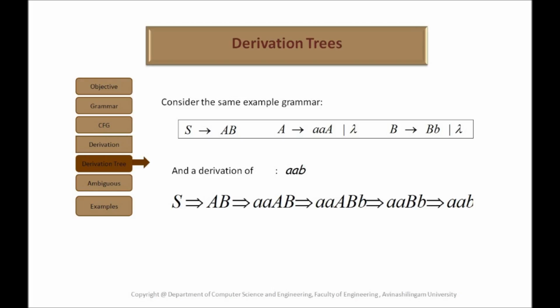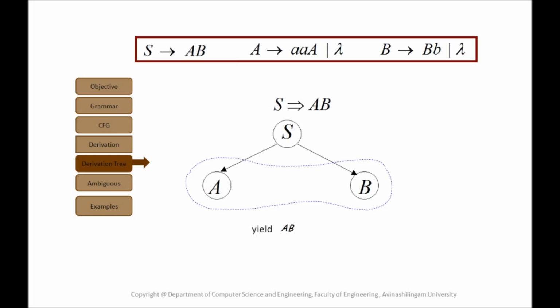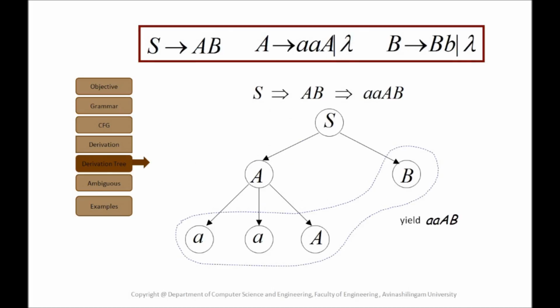For this we will see the derivation tree. First we have substituted the first production, that is S tends to AB. So S yields AB. Again we have to substitute the second production, that is A tends to AAA. So it yields AAAB.